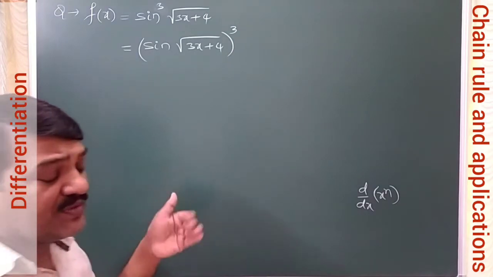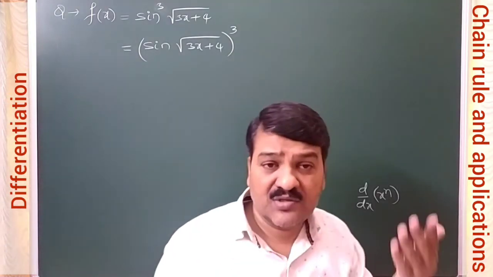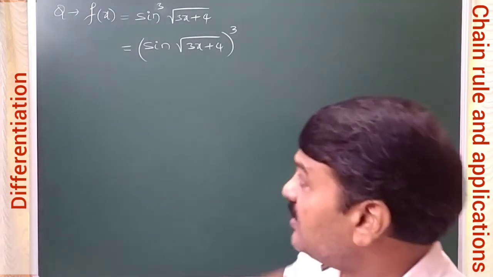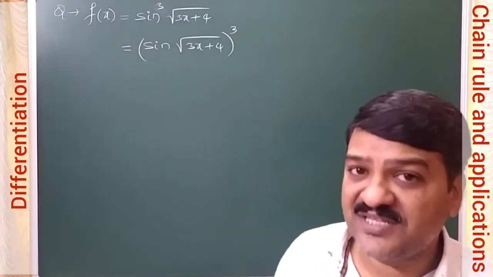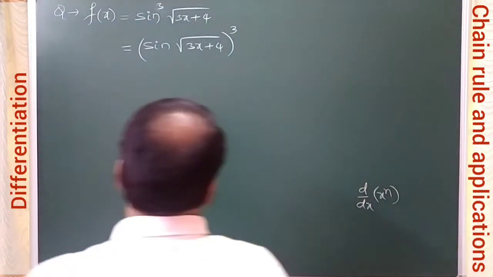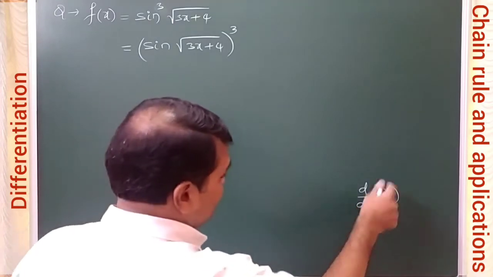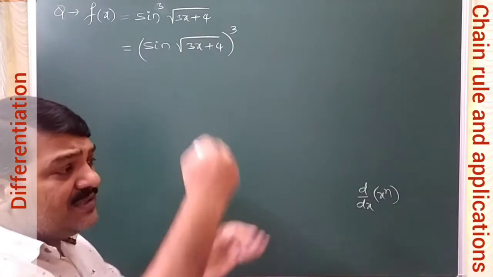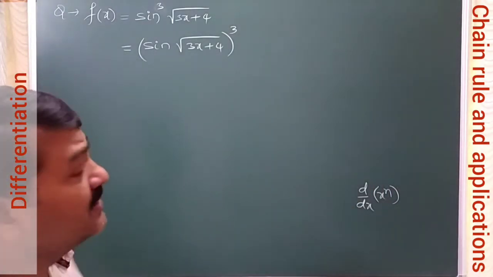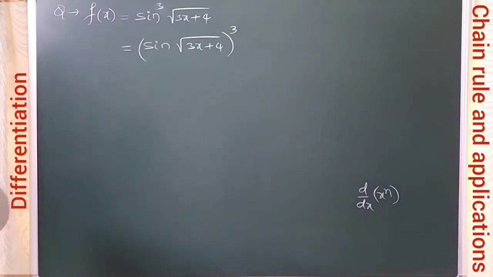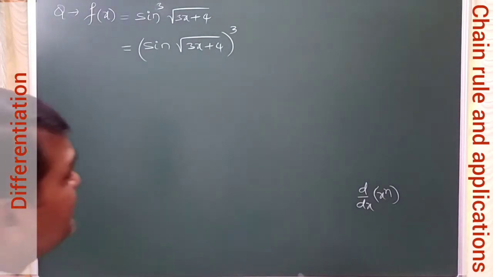When you have sine square, sine cube, cos square, cos cube like that, you should not take the sine function as external function. That will be wrong. The external function must always be some variable to the power of some constant when you have this model of function. Okay.